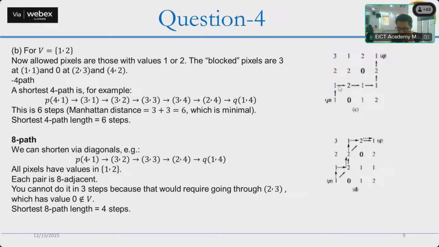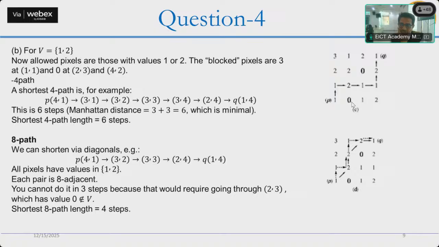This path is there, and then this path, and then this path, and then this path. So how many total steps are there? 1, 2, 3, 4, 5, 6. Six steps are there, right?